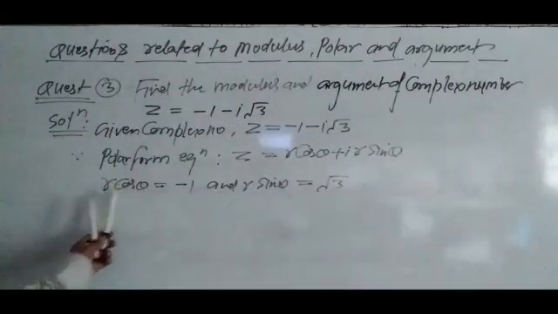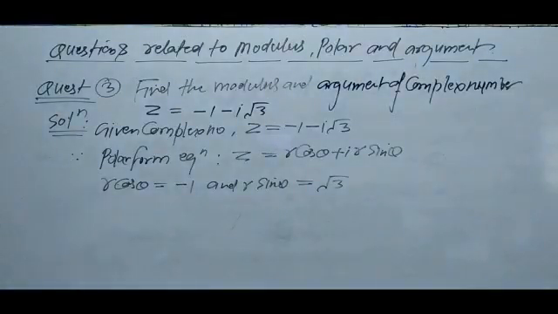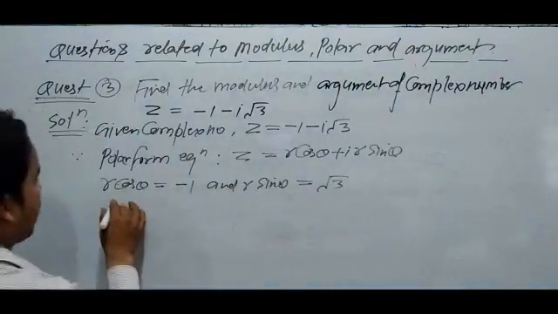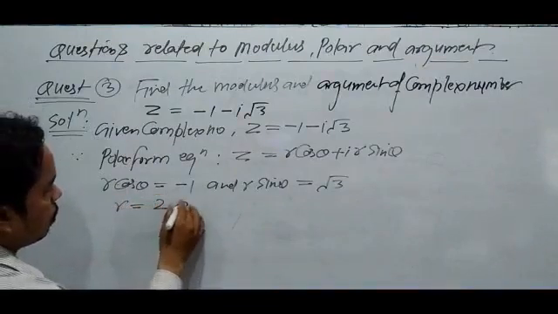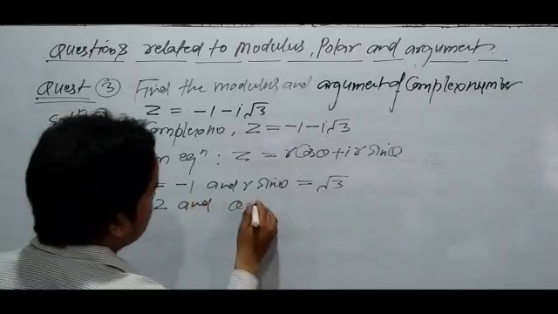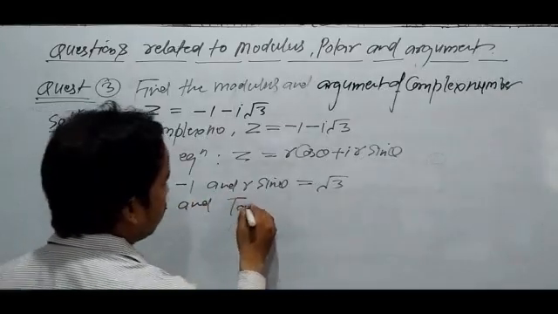When you square and then add, you can get the value of r and also find theta. So, squaring then adding, you will get r is equal to 2.